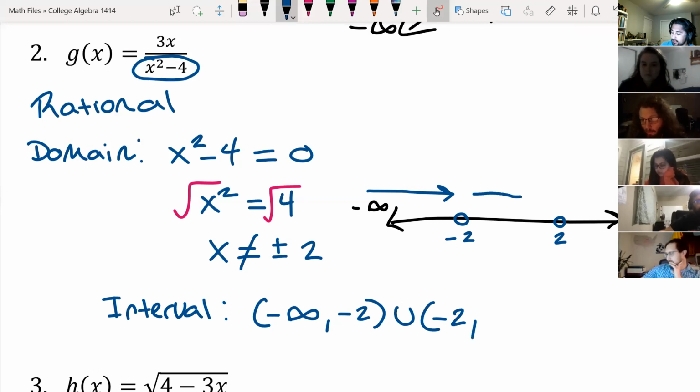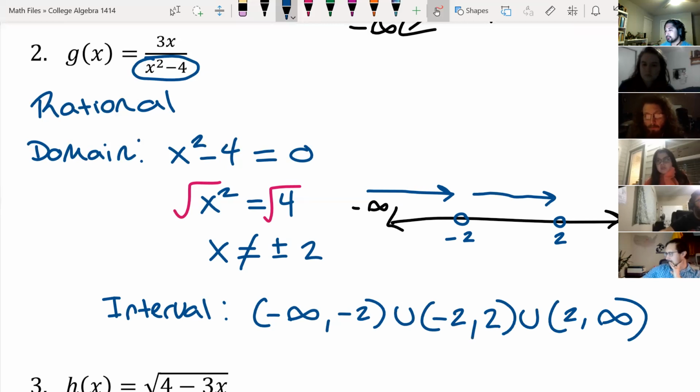And then I go up the number line again and I stop at 2. Then one more union, and I begin again at 2 and head towards infinity. This is the interval notation for your domain. These intervals tell you where the function exists.